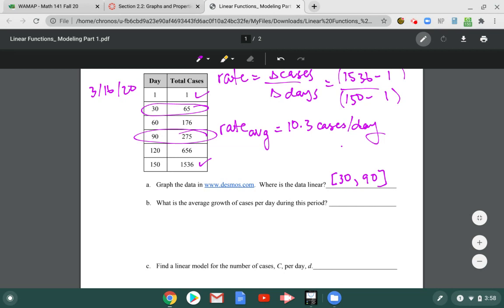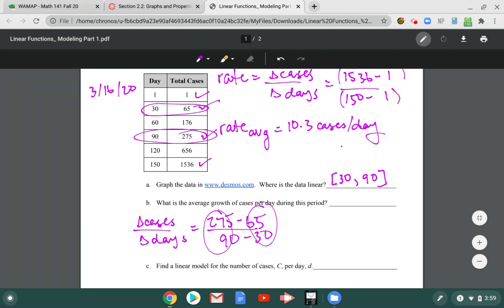Again, to find this rate of change, I'm going to do the change in total cases divided by the change in days, Y2 minus Y1. That's 275 minus 65 divided by 90 minus 30. Make sure your points line up so that they're above one another.